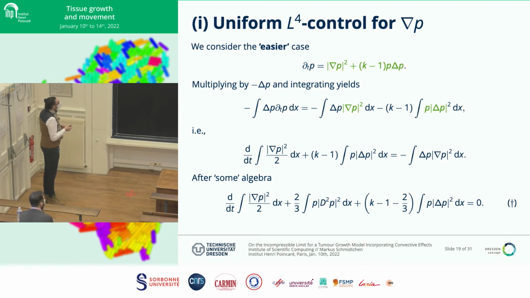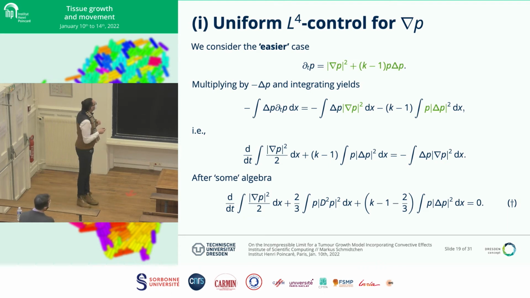But you see, if you study the evolution of this first order functional, so essentially 2 derivatives on p, you get a control on essentially 4 derivatives on p, as here and in here. And so this is the first observation that we use. The first ingredient is to study the dissipation of the gradient of p in L2.